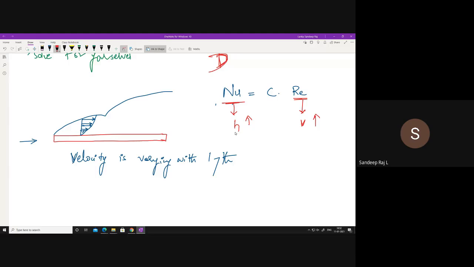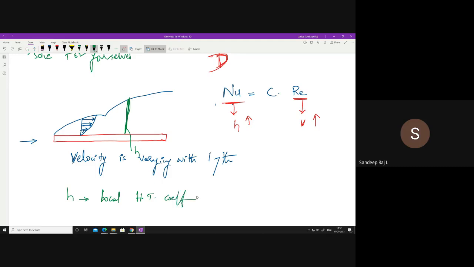Since the velocity is varying here, for a given velocity, let us say Vx here, for this particular velocity, you will have a particular H value. And that particular H value is called the local heat transfer coefficient.